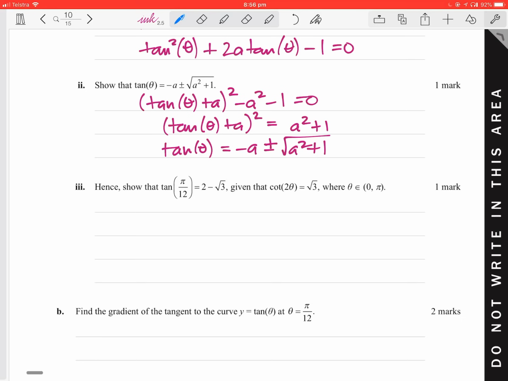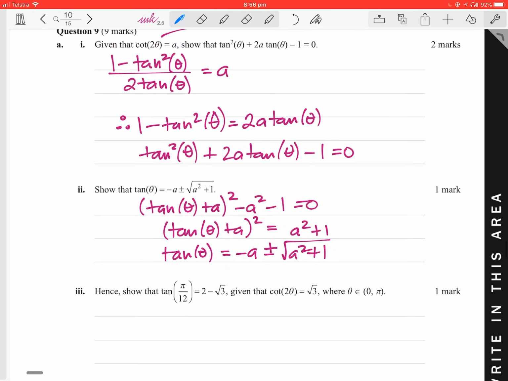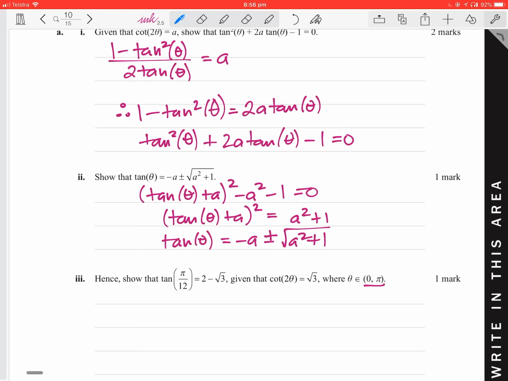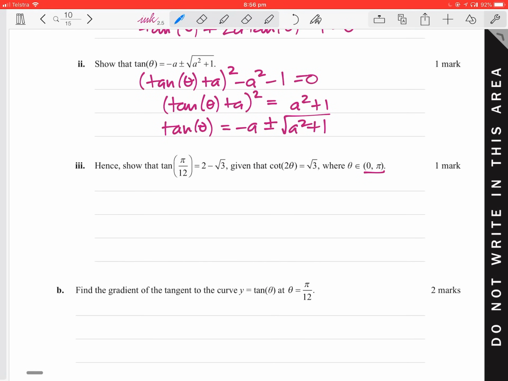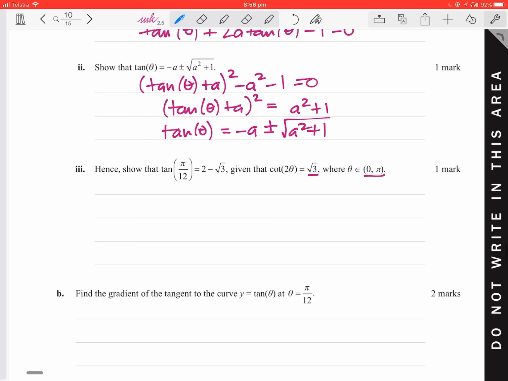Okay, hence show that tan pi on 12 is equal to 2 minus root 3, given that cot 2 theta is equal to root 3. Theta is between 0 and pi. Cot 2 theta is equal to a, so in this case a must equal root 3. That makes sense, doesn't it?